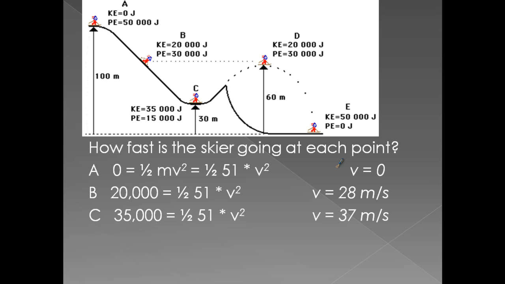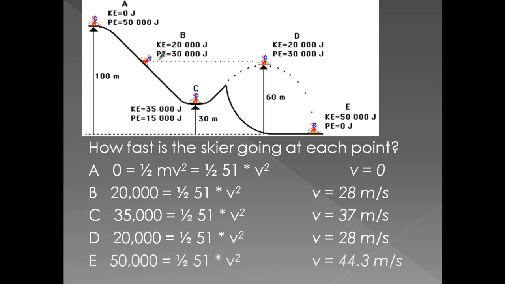Similarly with part C, we get 37 meters per second. D, again, we get 28 meters per second because it's the same height as B. And at point E, all of his potential energy has been converted into kinetic, so therefore we have 50,000 joules equals 1/2 mass times velocity squared, and you get 44.3 meters per second.